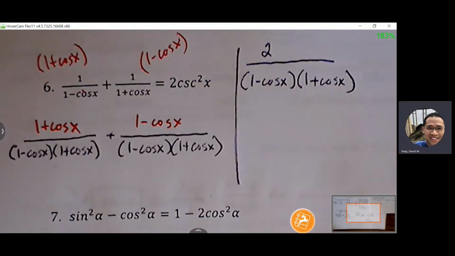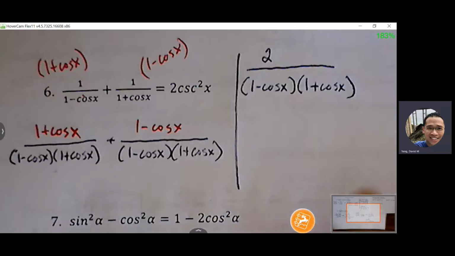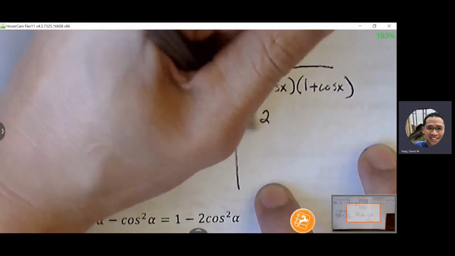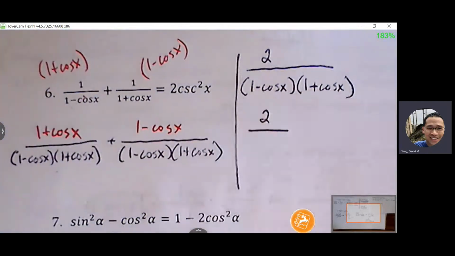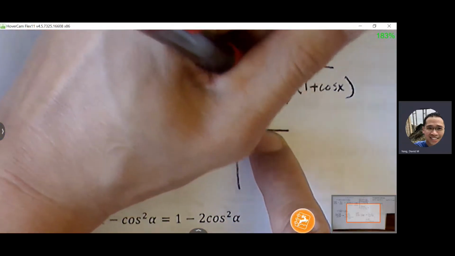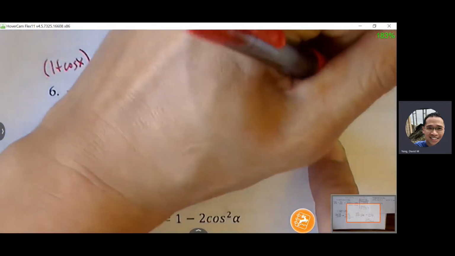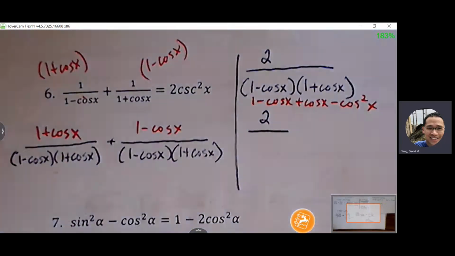Let's expand this out, right? Expand it out. Maybe it's not going to quite look like cosecant squared, but maybe sine squared will work out. So if I multiply this out, I'll put all the steps here. This is 1 minus cosine of x plus cosine of x minus cosine squared x. So we know the middle terms will drop out.